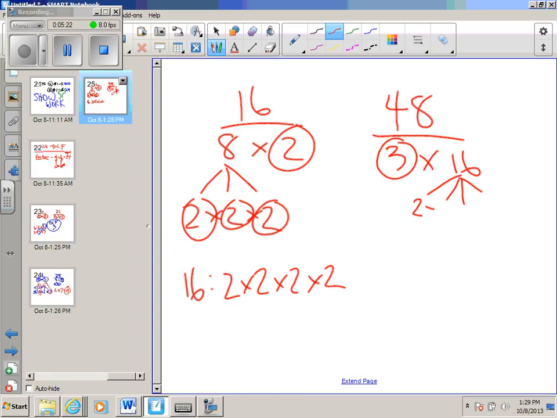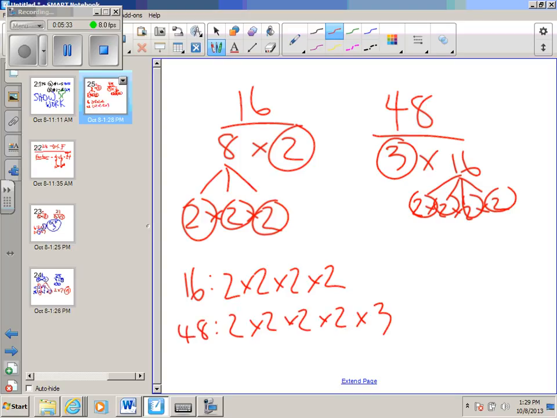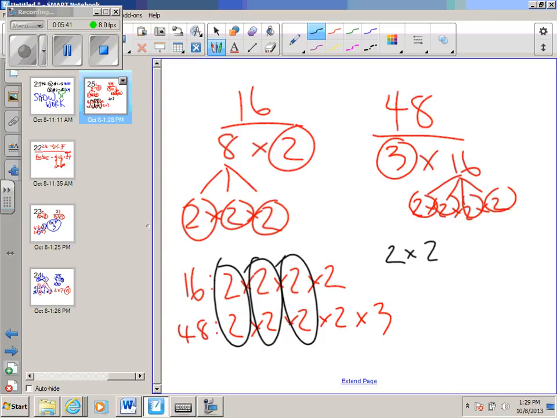And that's your four-headed monster. Okay, and as I do my comparing, I have a 2, another one, a third one, and a fourth one.